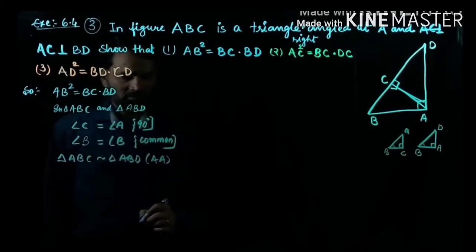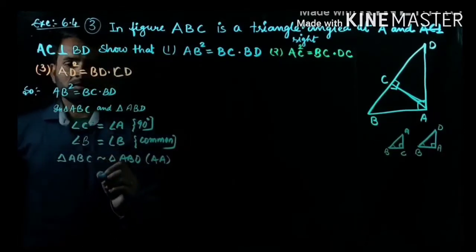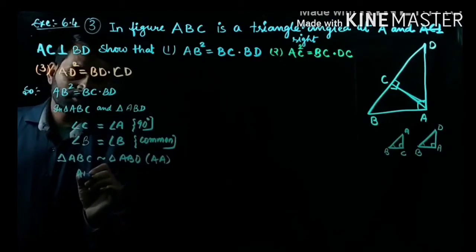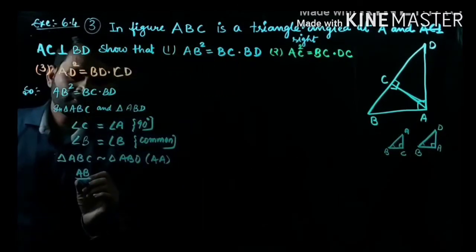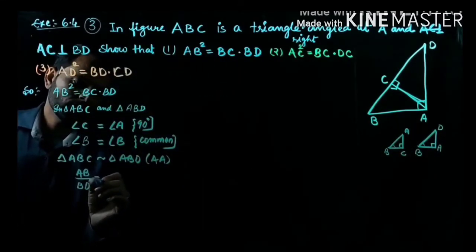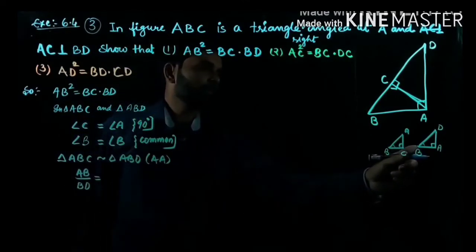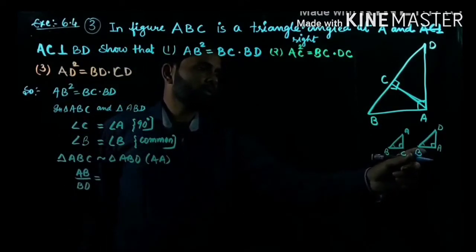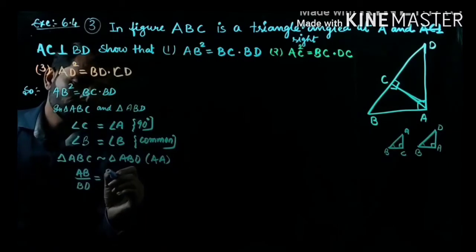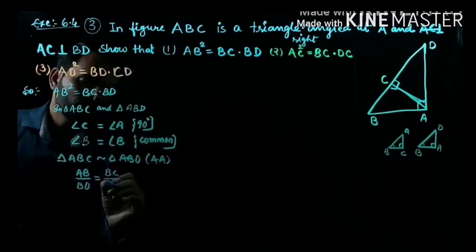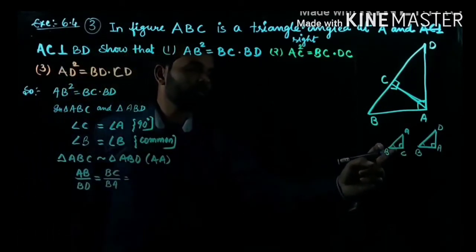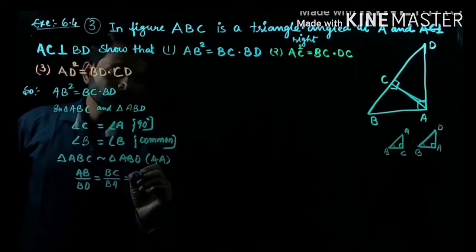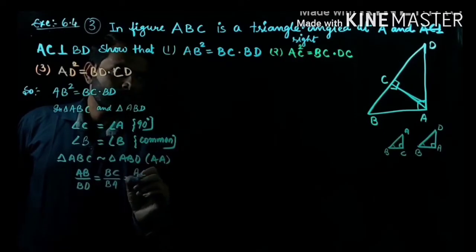Okay, and write AB upon BD. Second, we write BC upon BA or AB, and third, line segment first will complete, second is AC upon DA.